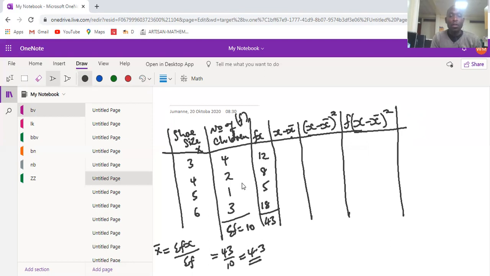So we are going to have each and every x, we subtract the x bar, which is 4.3. So we are going to have 3 minus 4.3, which is actually negative 1.3. Sorry, it is negative 1.3.